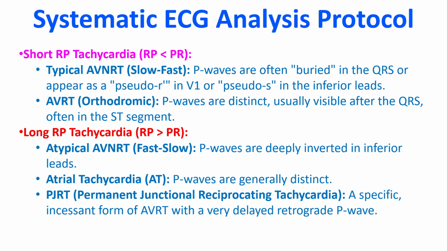Atrial tachycardia, P waves are generally distinct. PJRT, permanent junctional reciprocating tachycardia, a specific incessant form of AVRT with a very delayed retrograde P wave that will be inverted in inferior leads through a tortuous posteroseptal accessory pathway.